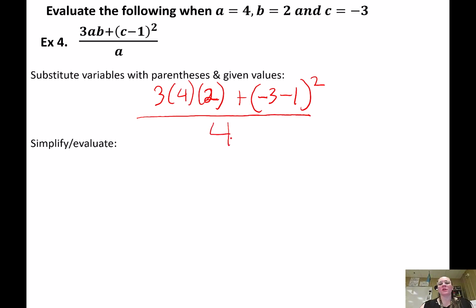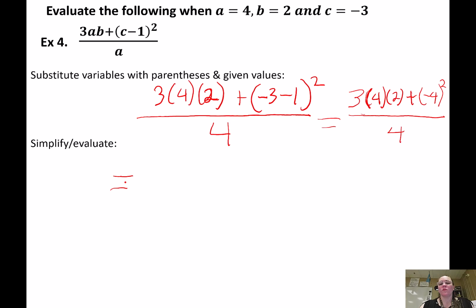Again, we're going to work the top out. We do have grouping symbols this time, which is negative 3 minus 1 squared. So we know what negative 3 minus 1 is, which is negative 4 squared over 4.